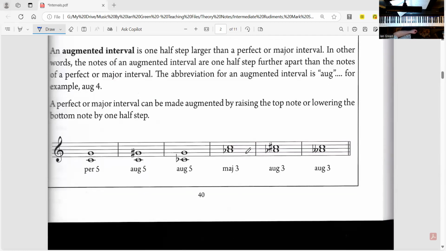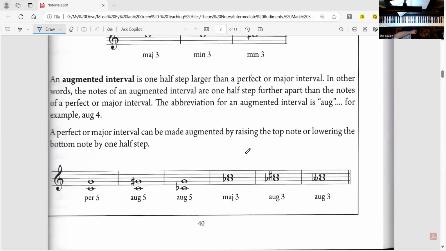Now, something that's interesting is that you can also create an augmented interval. An augmented interval is always one half step larger than a perfect interval, or it's also one half step larger than a major interval.